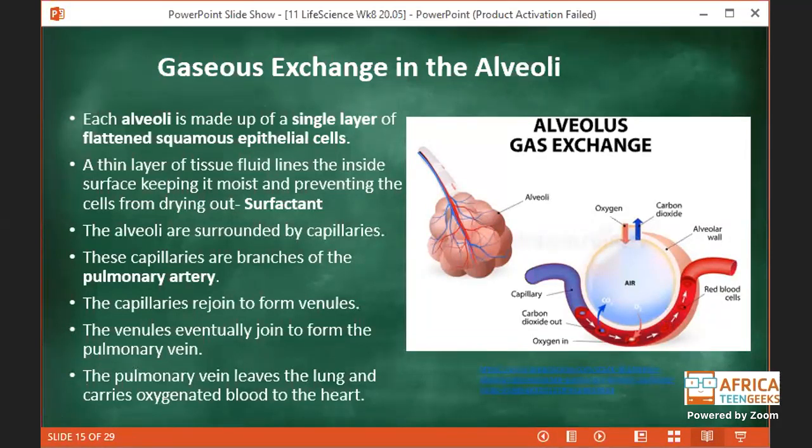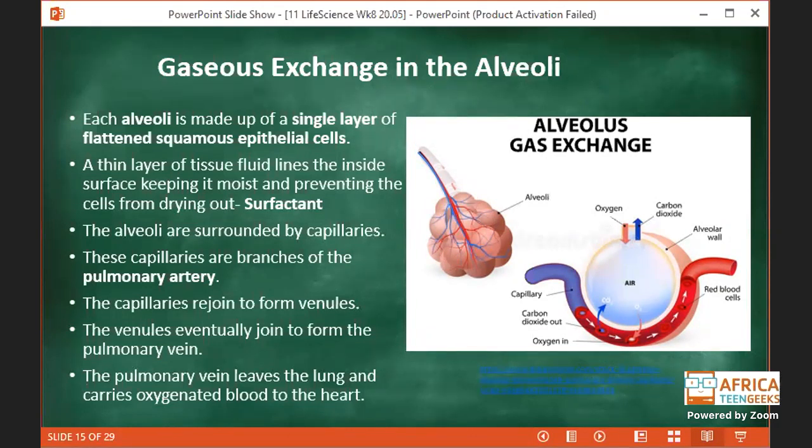So what takes place in the alveoli is that we have oxygen coming in, and this oxygen will move into our blood capillaries. We also have the diffusion of carbon dioxide going out of the alveoli to your bronchioles, to your bronchus, to your trachea, and eventually out of your body.